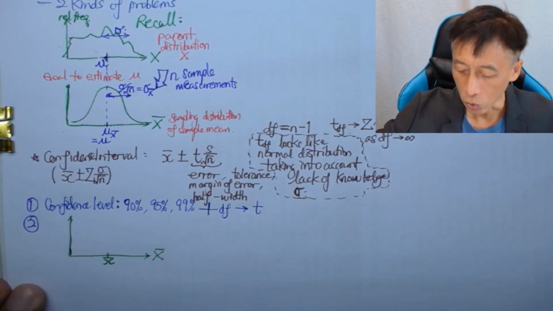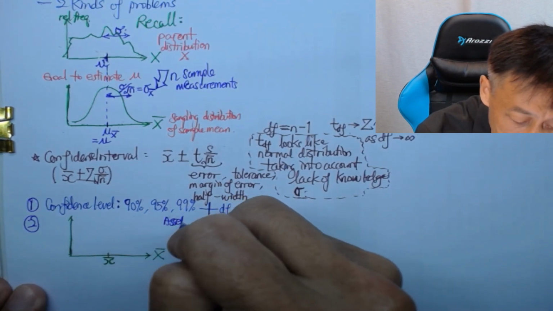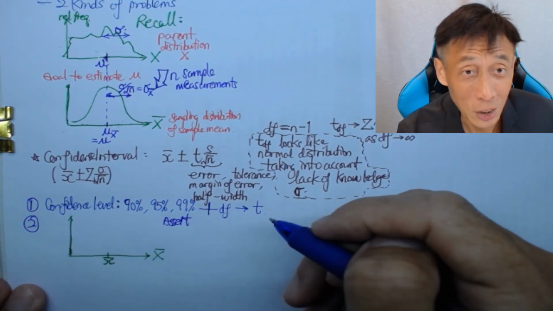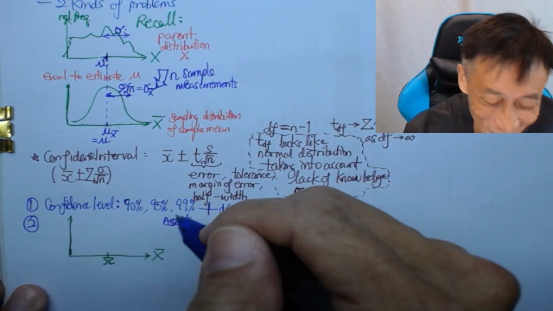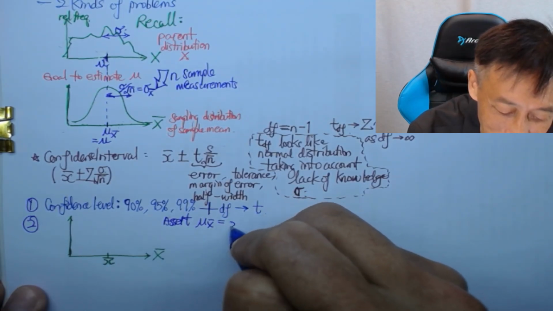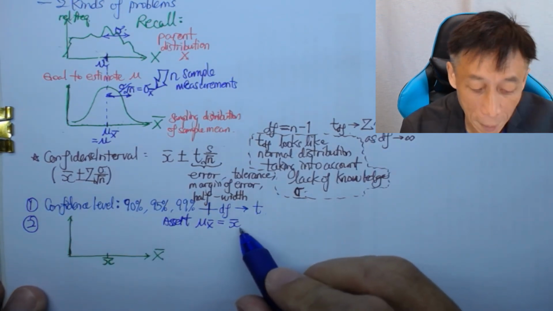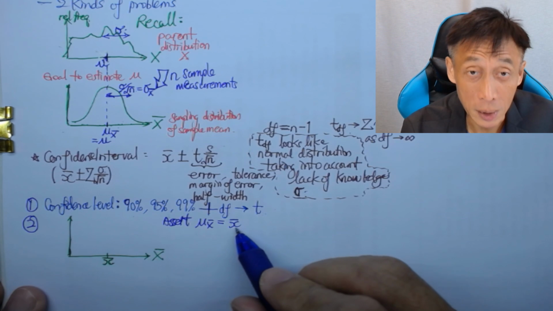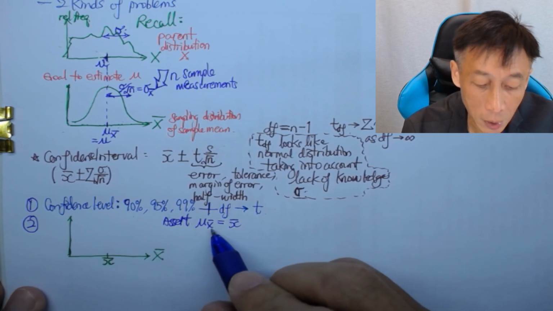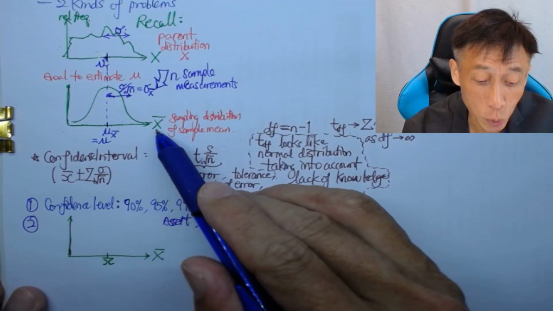So what that implies is we are asserting. Asserting means do without proof. Assert mu X bar to be equal to X bar. Now this is little x bar. It means a number, a real number, averaged out from the samples, right? Mu X bar is a population mean of the sampling distribution of sample mean.